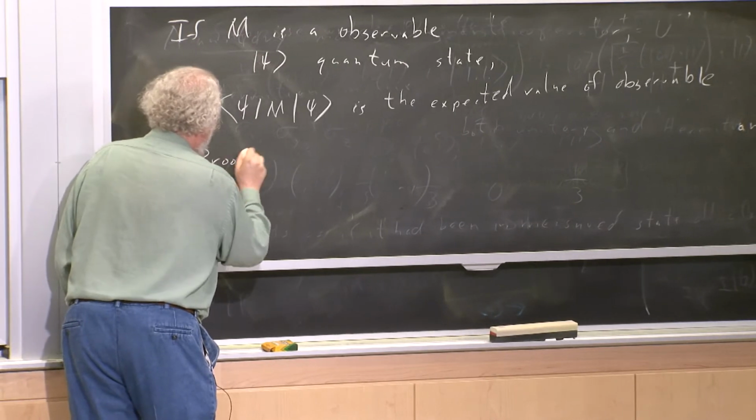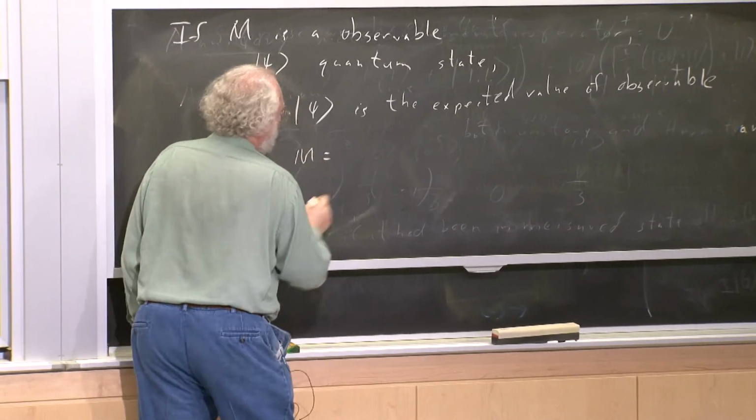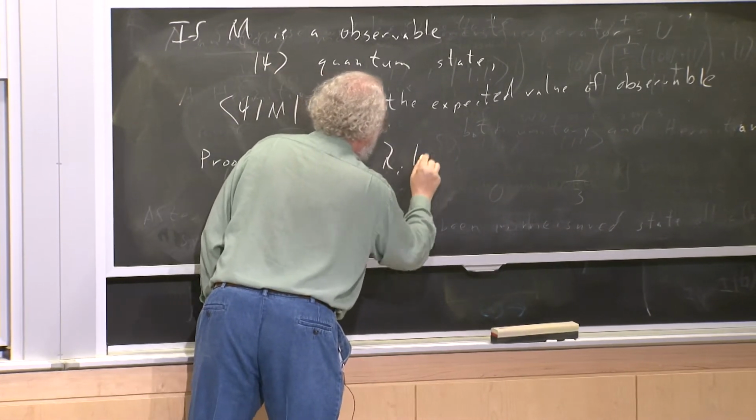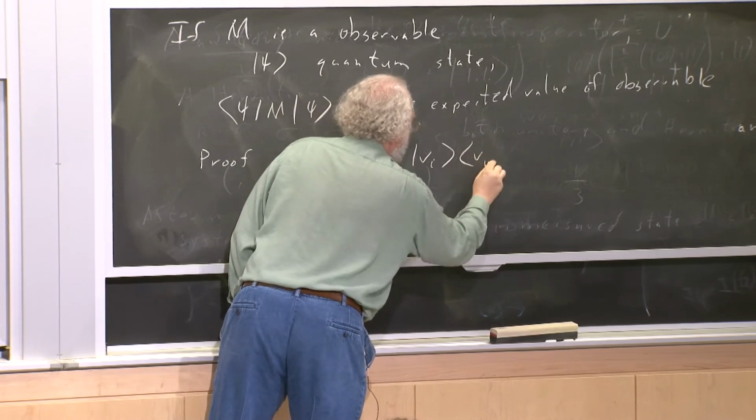Proof. M is equal to the summation of lambda_i v_i v_i.